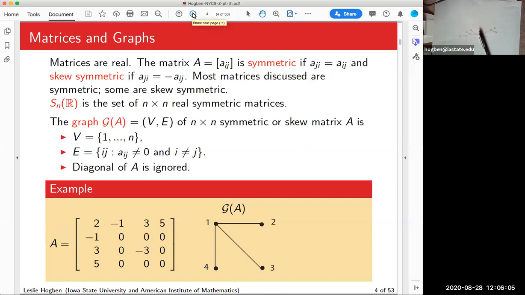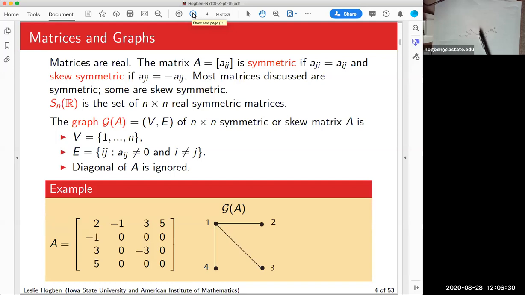As Sandra mentioned, I have a strong interest in linear algebra, and especially the interplay between matrices and graphs. For our purposes, all our matrices are going to be real, and they're also going to be what I call combinatorially symmetric, meaning that if a_ij is non-zero, then a_ji is non-zero.